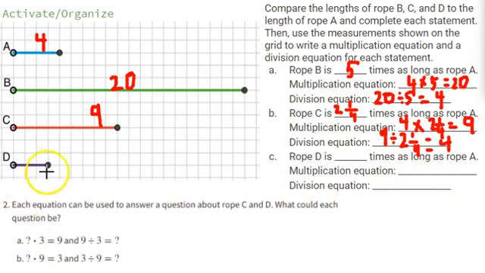How about comparing A to D? Well, D is only 3. How do you go from 4 to 3 by multiplying?